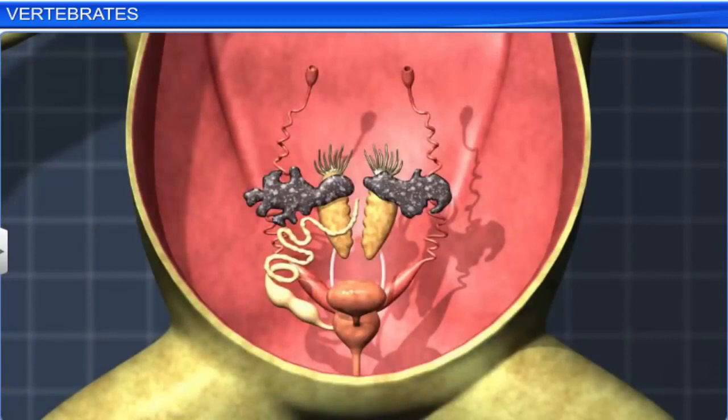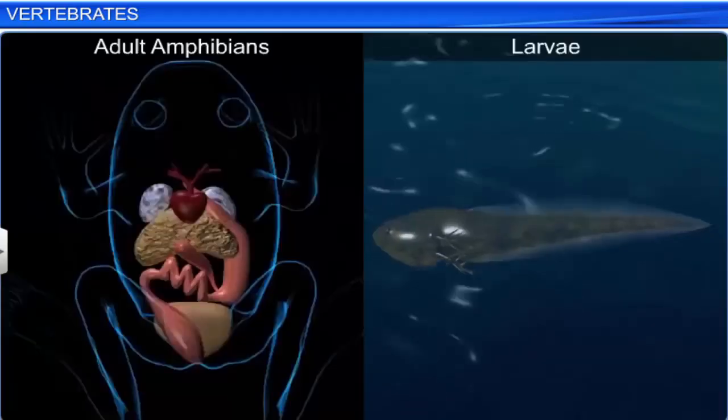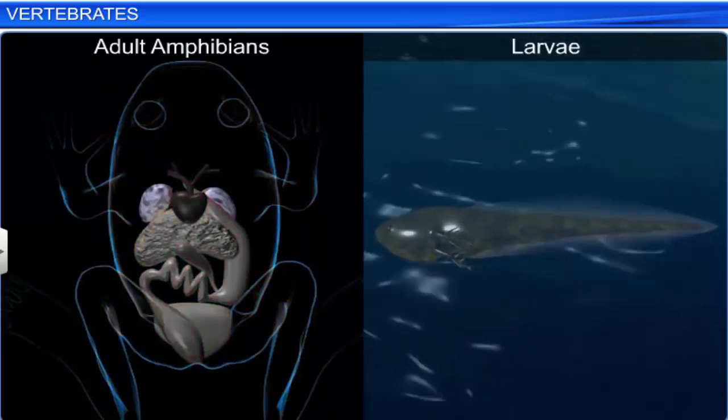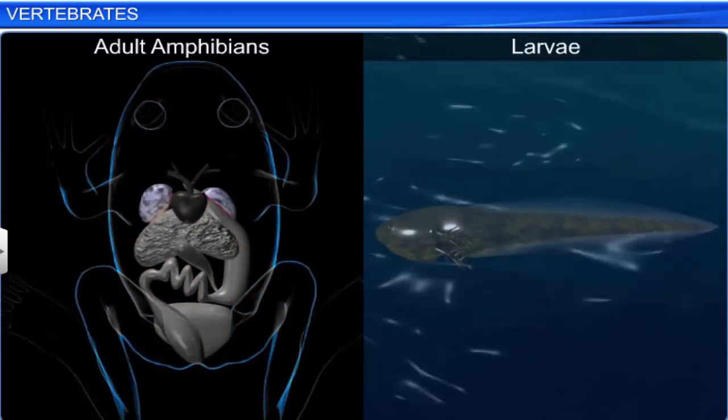In amphibians, the alimentary canal and urinary and reproductive tracts open into a common chamber called the cloaca, which opens to the exterior. Adult amphibians breathe through lungs and skin, while the larvae breathe through their exterior gills.